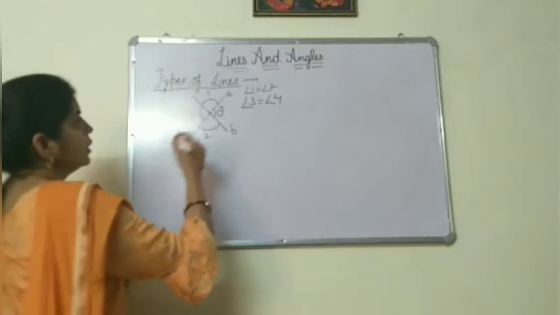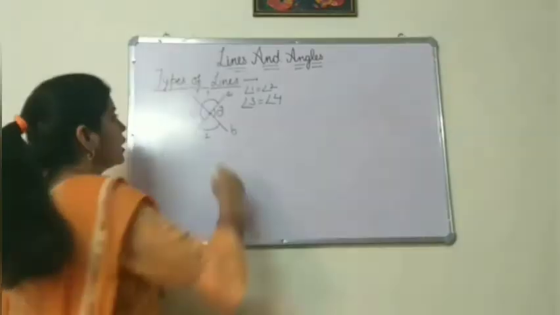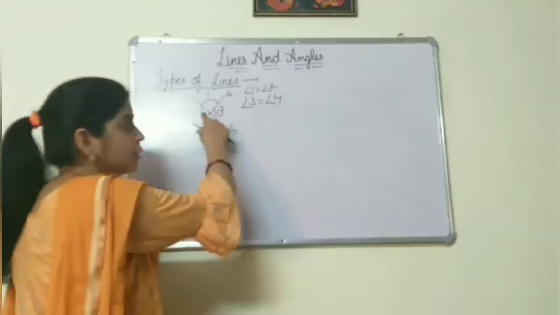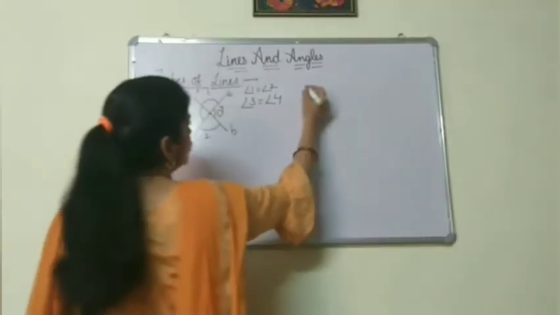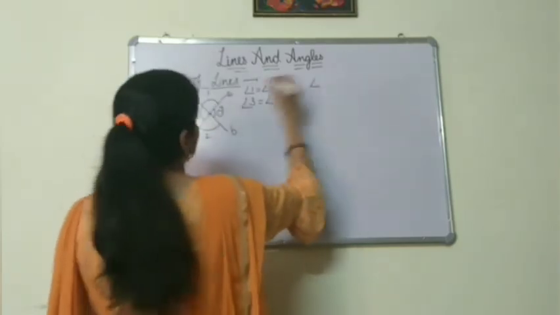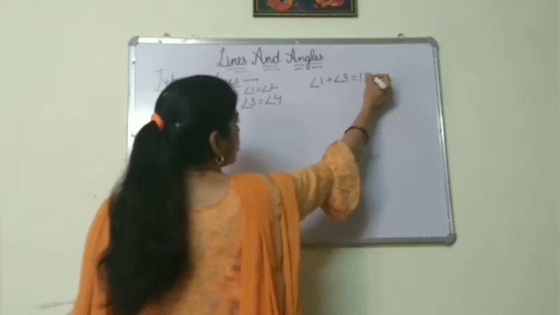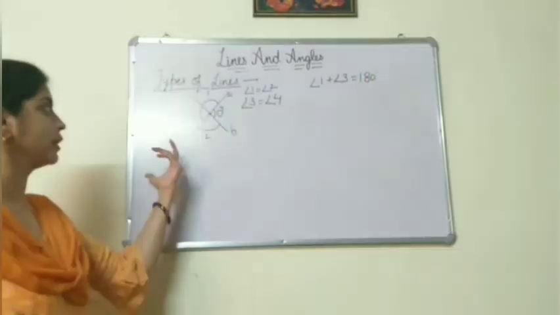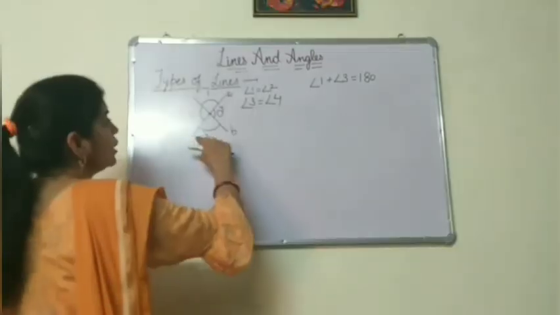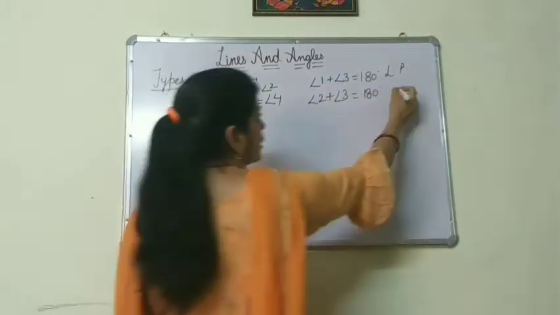First of all, angle 1 and angle 3 both are linear pair angles because both are formed on the line A. So angle 1 plus angle 3 is equal to 180 because they are a linear pair and the sum of linear pair angles is always 180. Similarly, angle 2 on the line B, angle 2 plus angle 3 is 180 degrees.